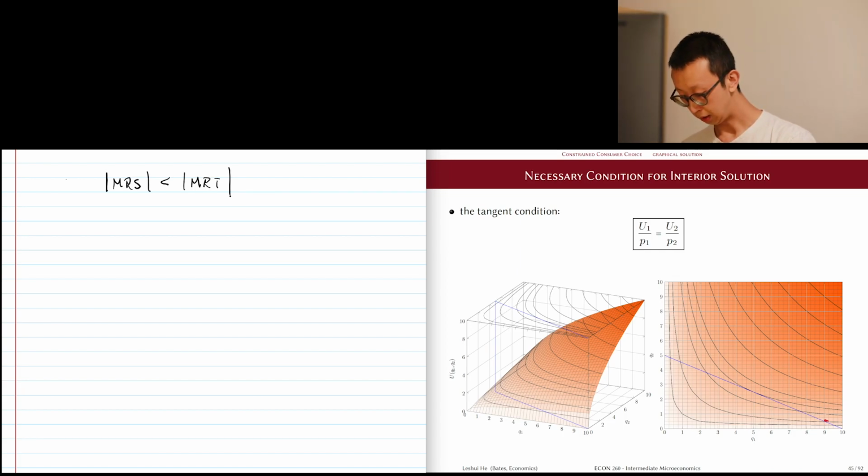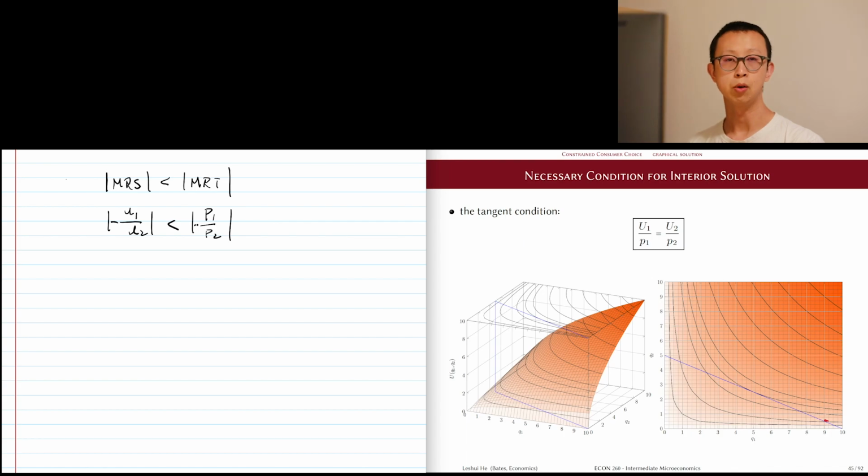Or we can rewrite it as U1 over U2 is less than the absolute value of P1 over P2, of course with the negative signs. Now, if we take away the absolute values and negative signs, we're going to have positive values: U1 over U2 is less than P1 over P2.